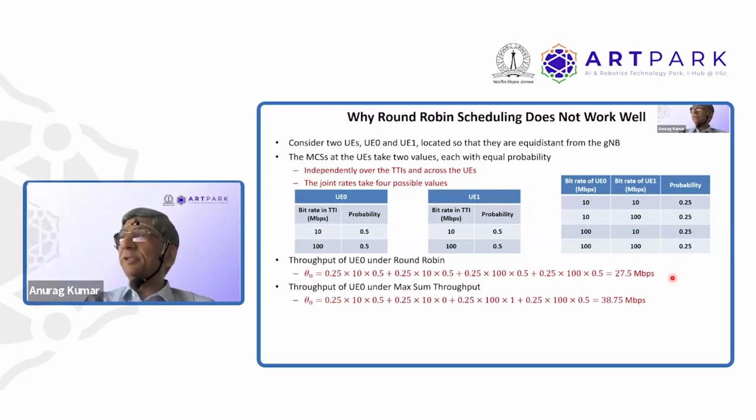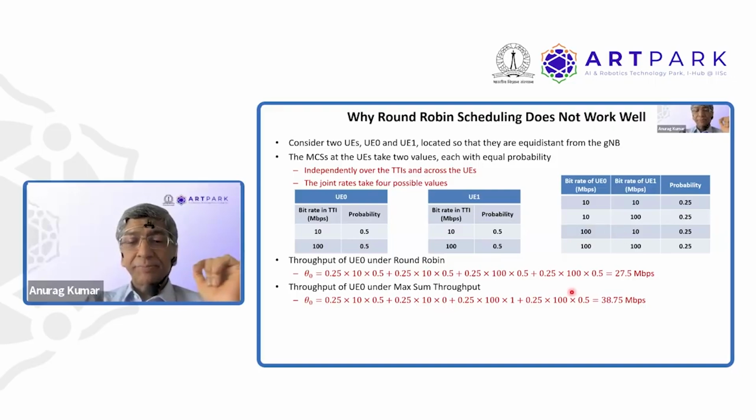Let us see if you do the best UE. What happens? With a probability of 0.25, you are in this state. It doesn't matter here. You will get 10, whether you schedule one or the other. What about this state? Suppose you are in this state. You schedule the best UE. You won't schedule UE0. So with 0.25, you will get 10 with probability 0.